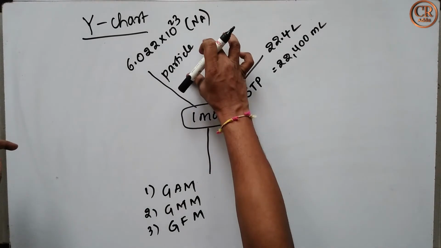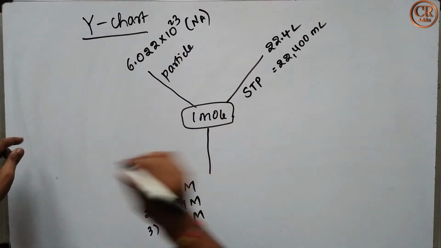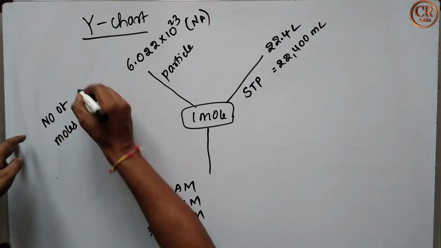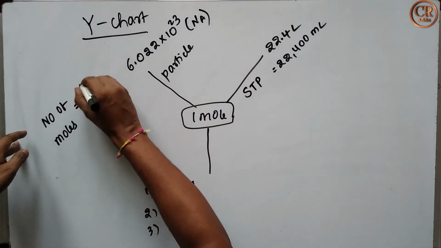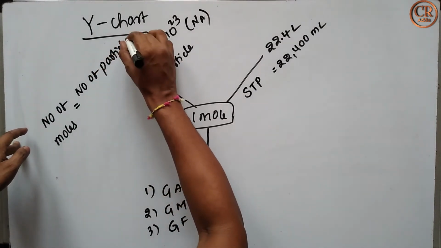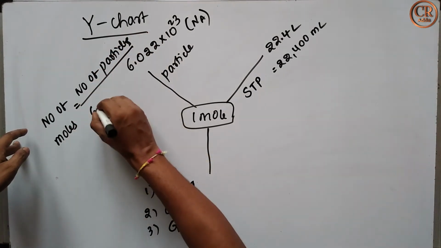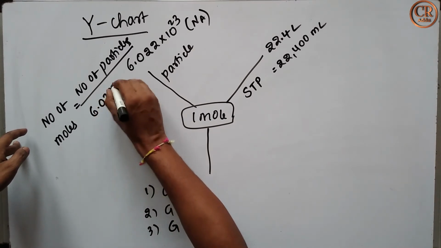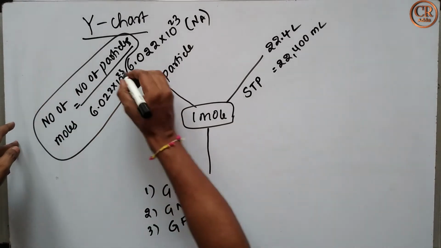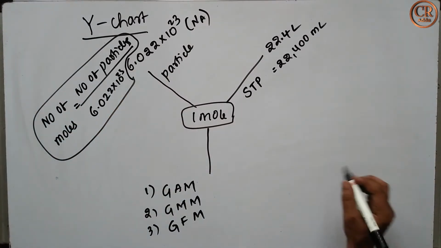So here relation between number of particles and 1 mole. The number of moles is equal to number of particles by Avogadro's number, that is 6.022 into 10 power 23. This is relation between number of moles and the number of particles.